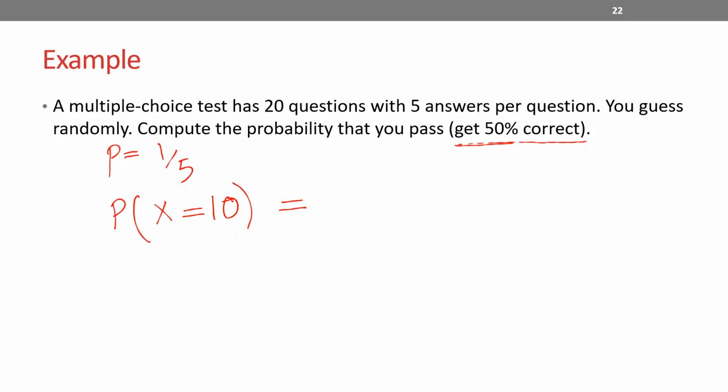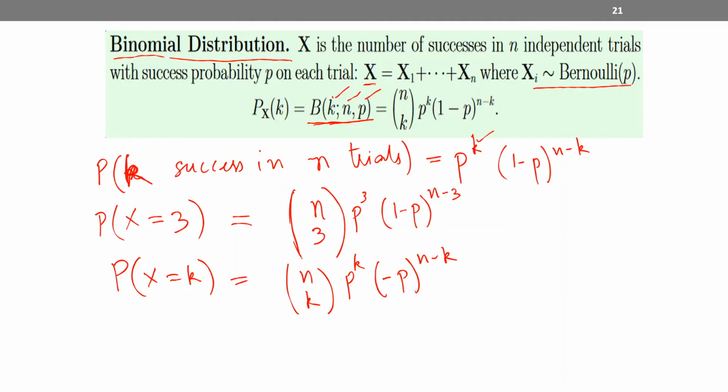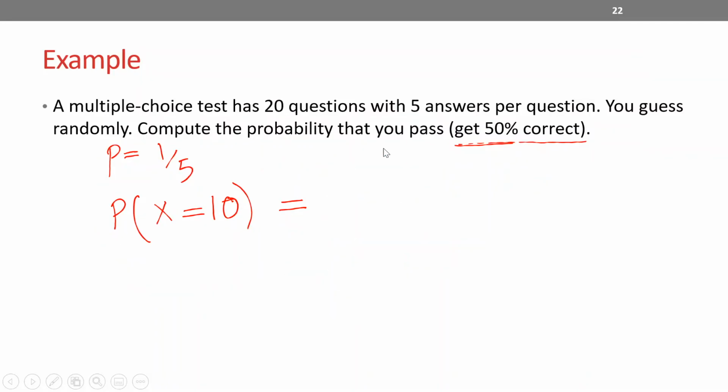So this is easy to solve now because I can just substitute the values. All three parameters in this formula are known to me, right? So I know K is 10, N is 20, and P is 1 over 5. So just go and substitute all of them here and get the answer.